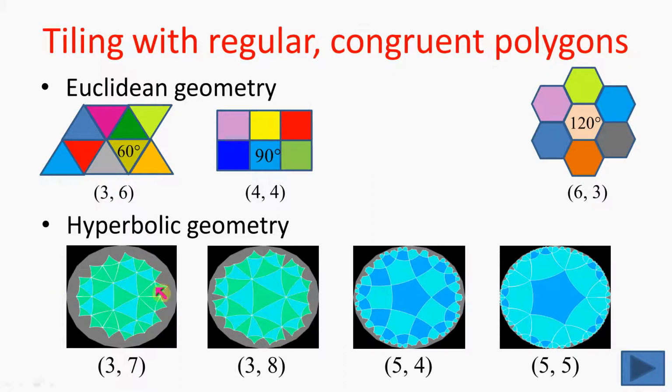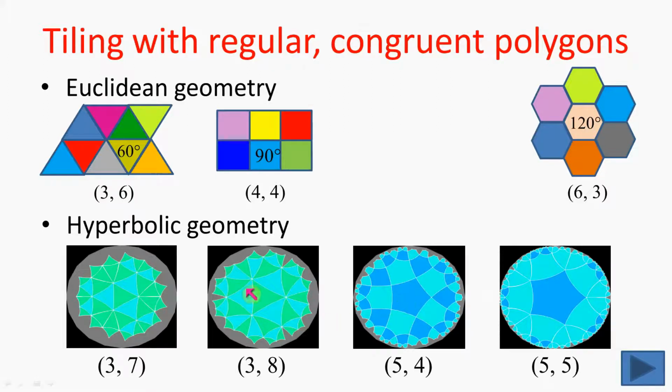So for example, we can cover the space with triangles in a way that 8 triangles meet at a point, or when 9 triangles meet at a point, or when any number of triangles greater than 6 meet at a point.